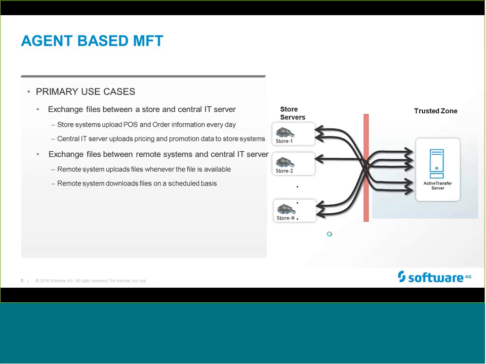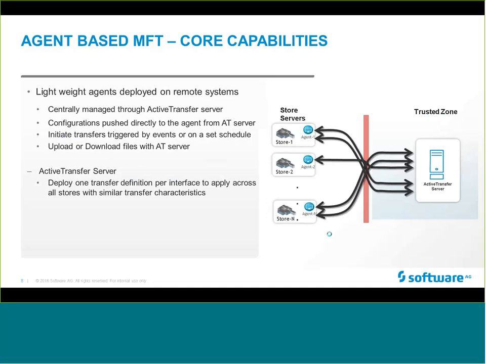Now, you may be wondering, I'm already using an FTP server in these remote systems, or I may have an SFTP server in these remote systems. So why an agent? The biggest benefit you get from an agent is that it's centrally managed through ActiveTransfer Server.